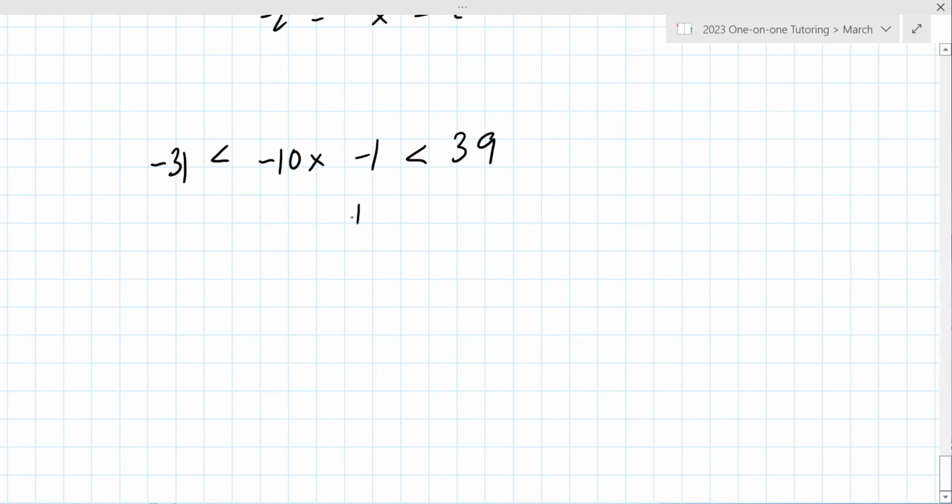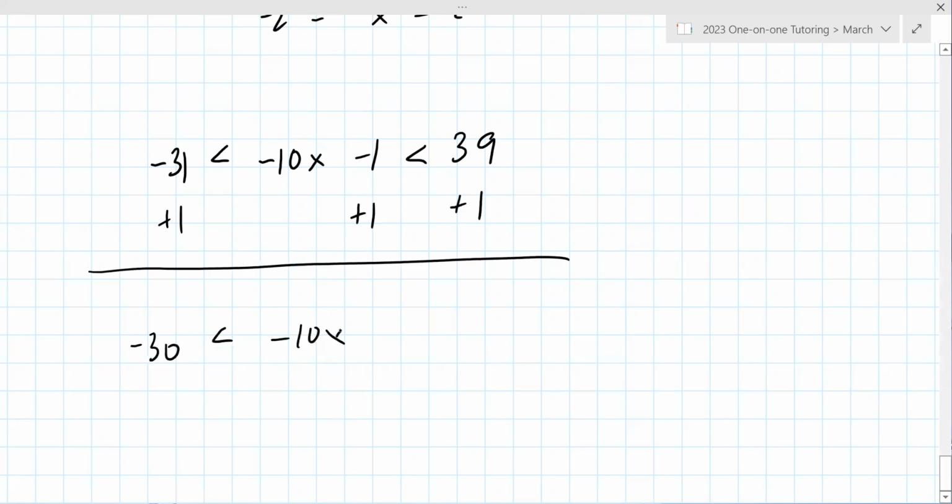That starts out by adding 1. -30 less than -10x less than 40. What do we divide everything by in this step? 10? What is the number in front of x though? -10. So you should divide by -10. And whenever you divide by a negative or multiply by a negative, you flip the inequality sign.